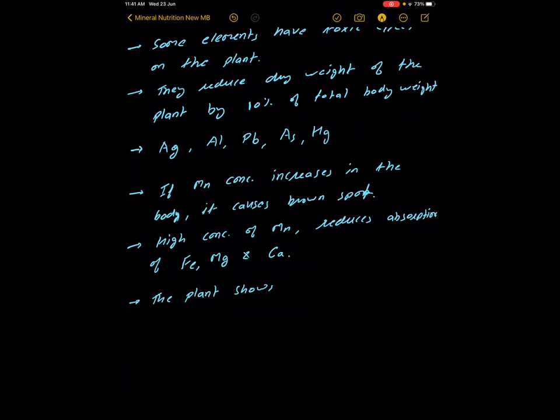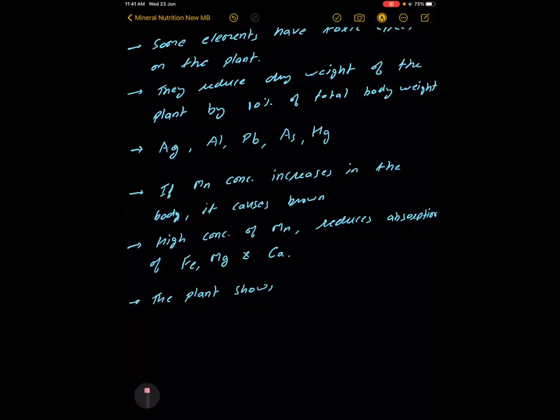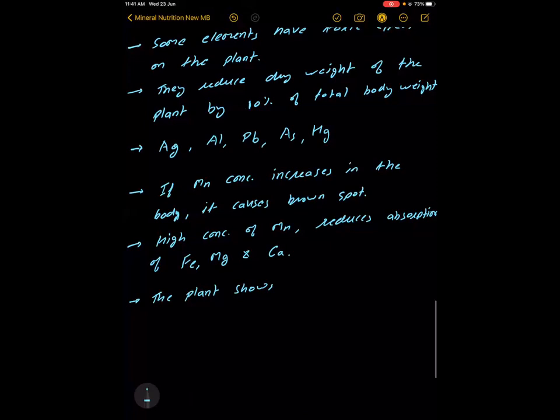And on the other hand, its higher concentration reduces absorption of iron, magnesium, and calcium, so the plant shows deficiency symptoms.